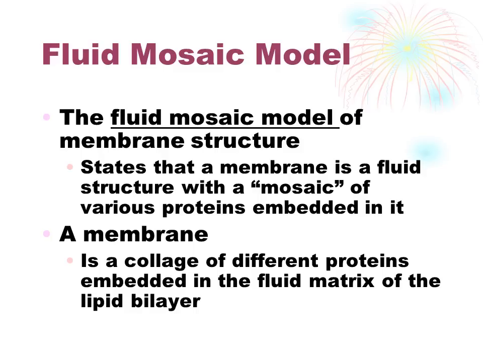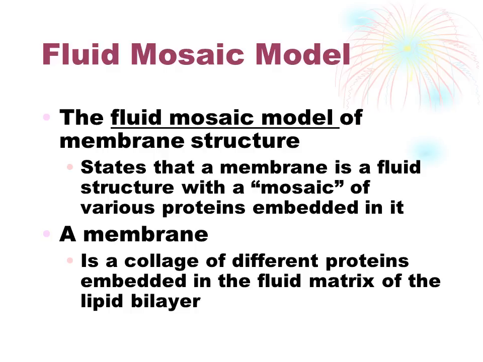Now, there's this big fancy model they talk about, and it sounds really scary, but it's really not. I don't know why they have to give it such a fancy name, but they call it the fluid mosaic model. Basically it states that a membrane is a fluid structure with a mosaic of various proteins embedded in it.